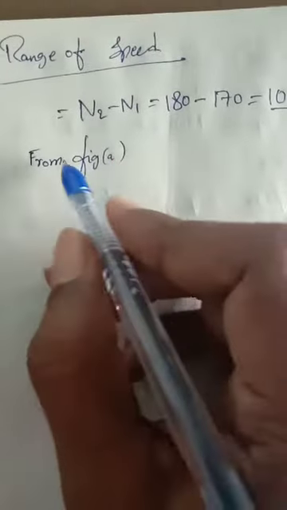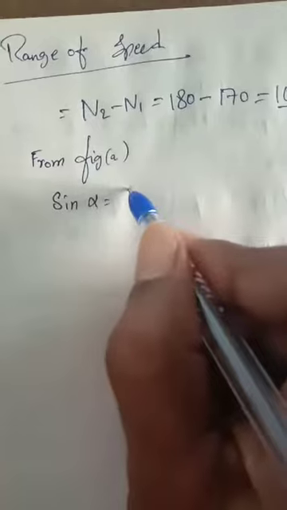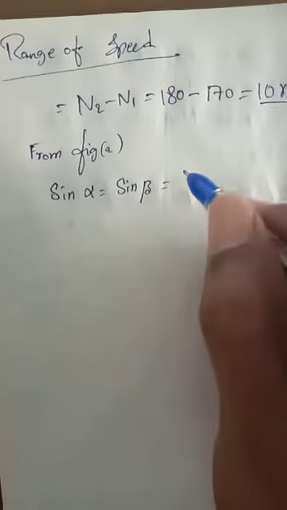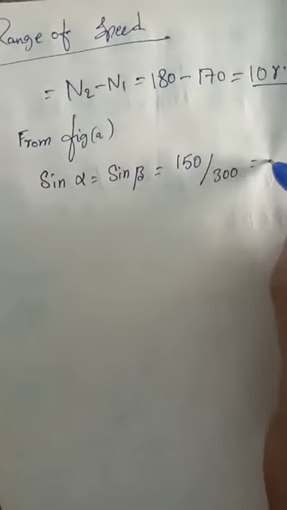Here I am going to write how to find the angles from figure A. Sin alpha is equal to sin beta, which is not required in this problem, but we should know how to solve for these angles. So that is 0.5.